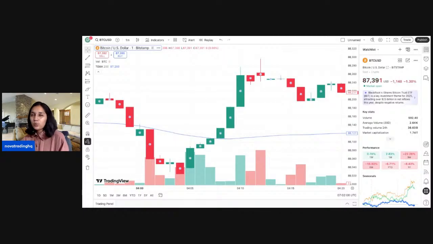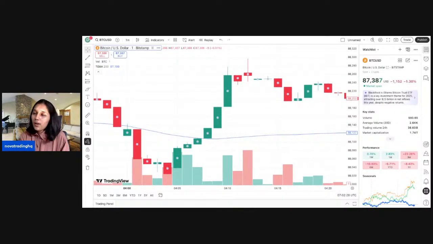Whenever you see a doji, just take a breath, just hold your steps, do not rush. That's the ultimate advice I can give you, right? Whenever you see a doji style, you need to analyze how the next candle is behaving, right?